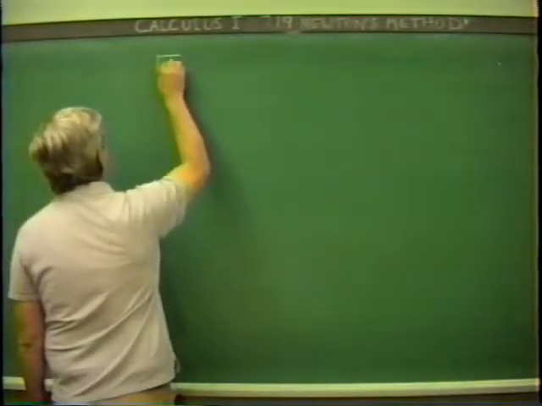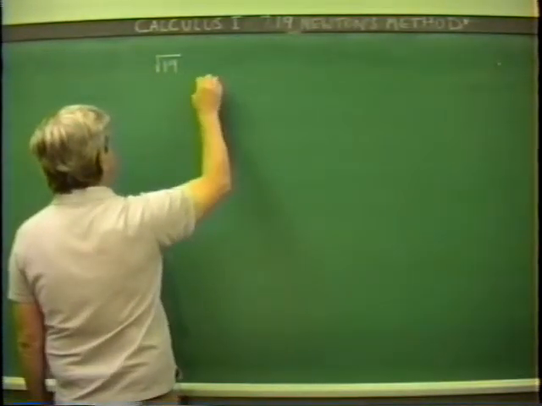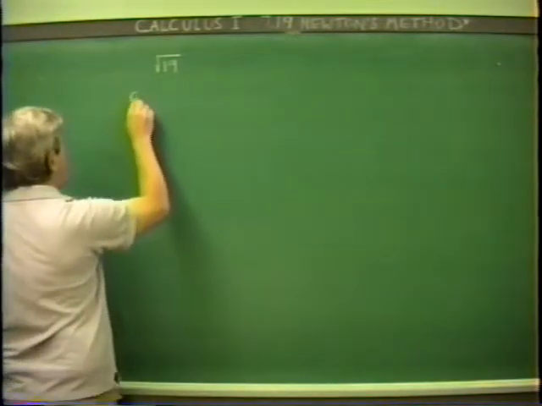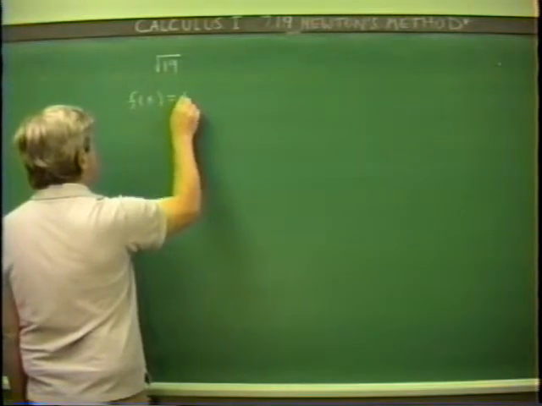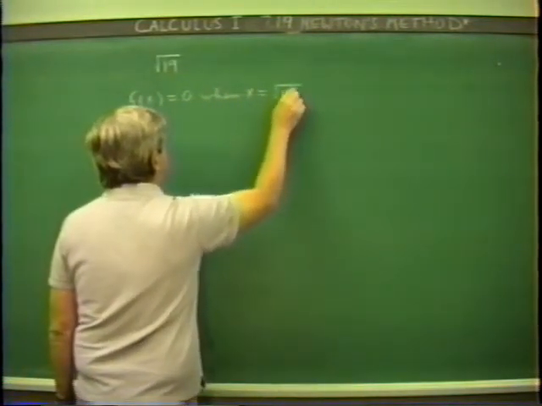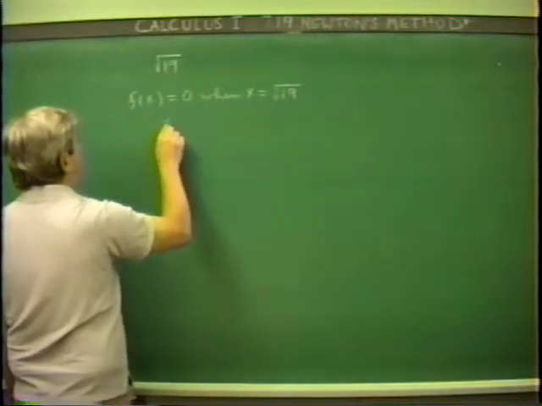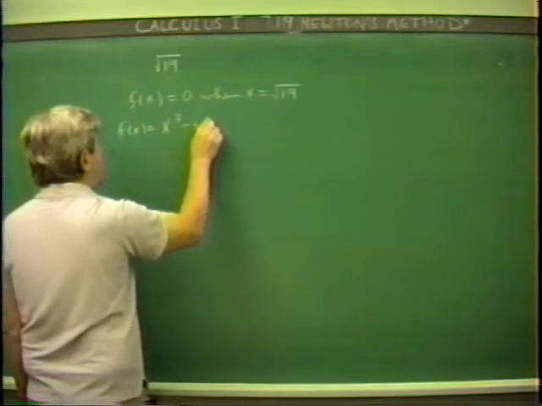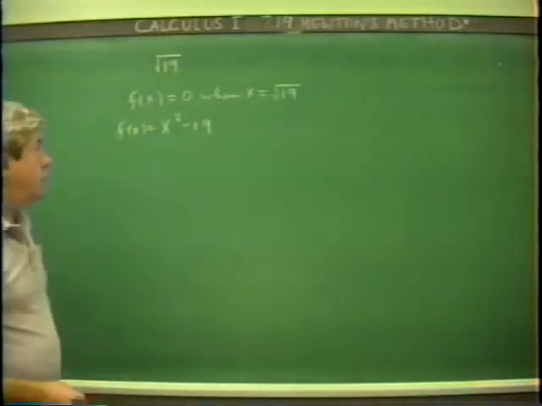I'll do one more example, similar to the last one, and similar to the one that was done using differentials. Let's try and find, for example, the square root of 19 using Newton's method. All right, so we need to find a function f of x so that f of x is equal to 0 when x is the square root of 19.